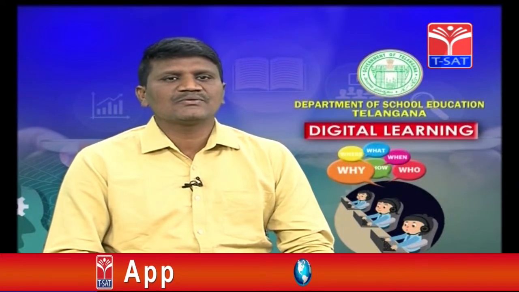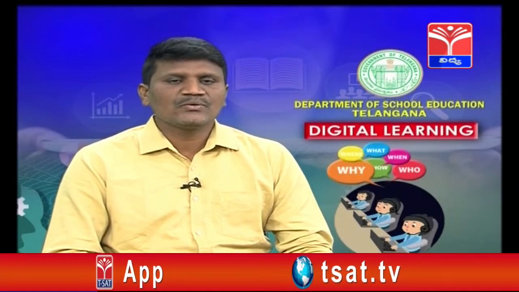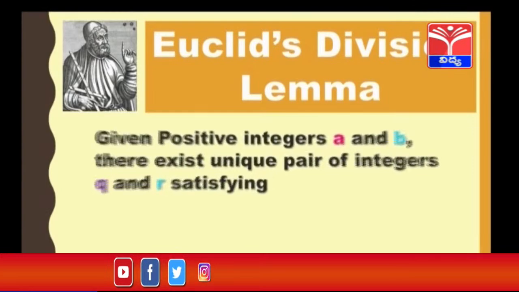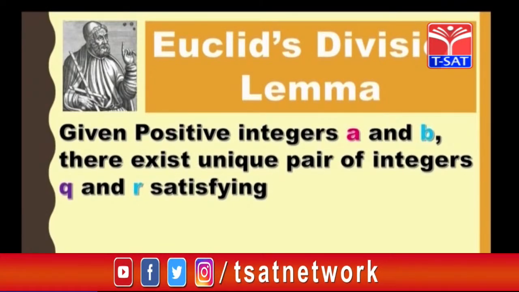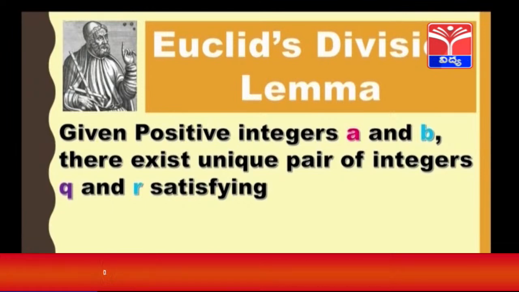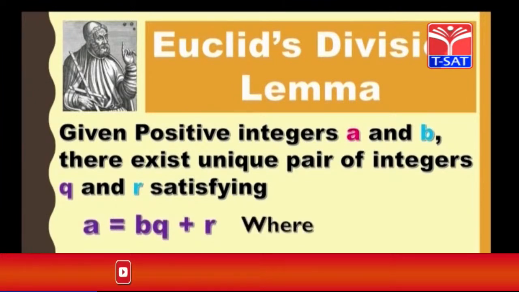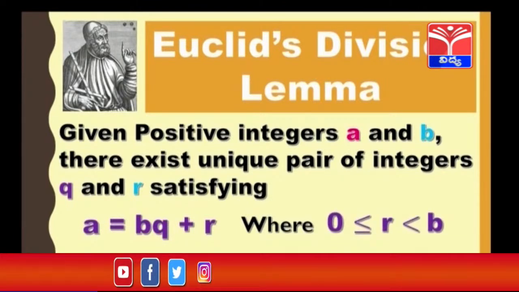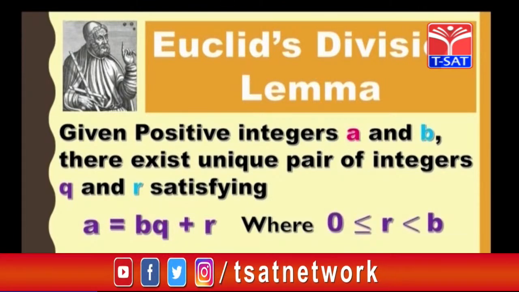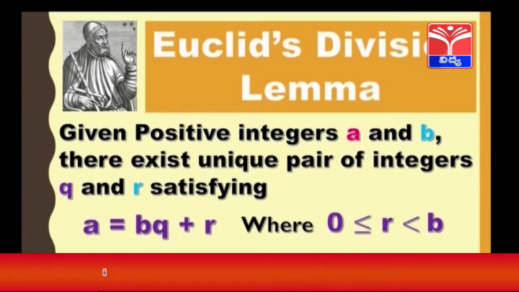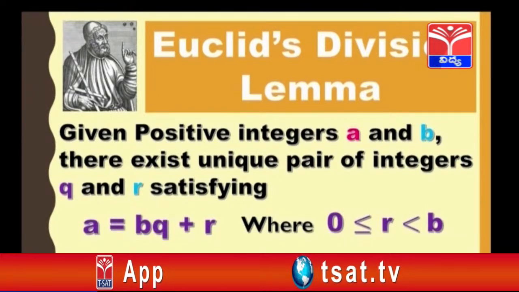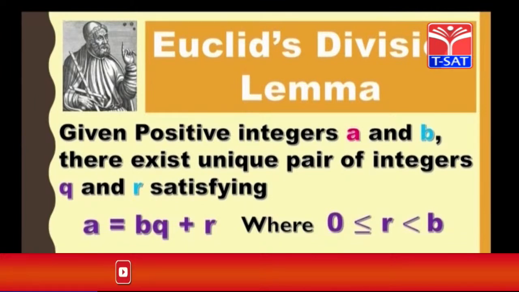With this, let us enter into the concept of Euclid's division lemma. The Euclid's division lemma is: given positive integers a and b, there exists a unique pair of integers q and r satisfying a = bq + r, where 0 ≤ r < b.